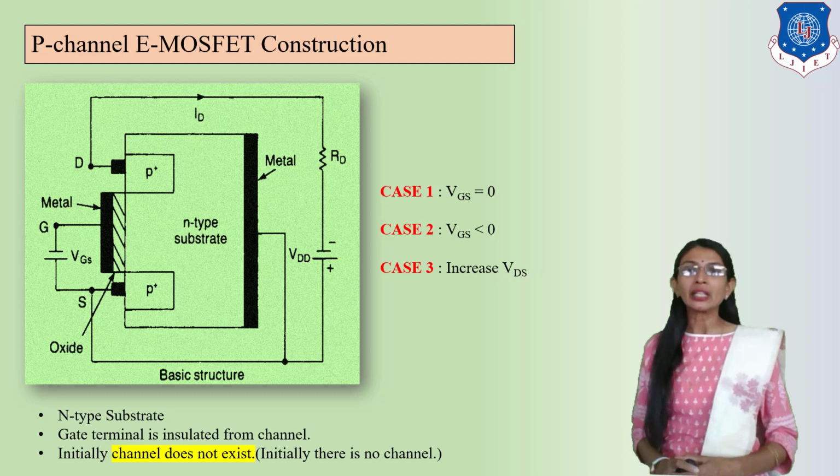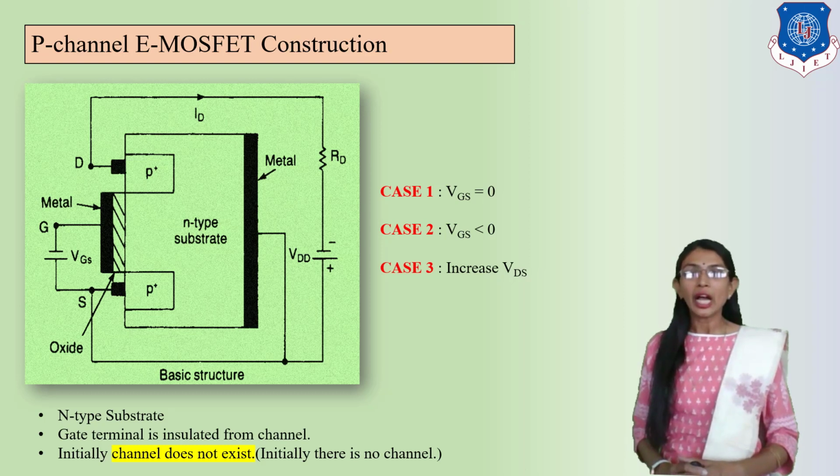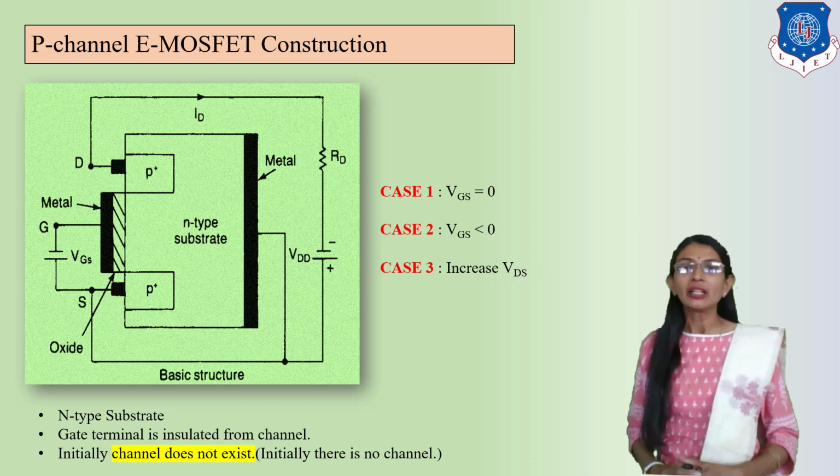The input battery is known as VGS and the output battery is denoted by VDD. According to this VGS, if it is 0, if it is less than 0, and if we increase the VDS, we will discuss these three cases in the working in detail.